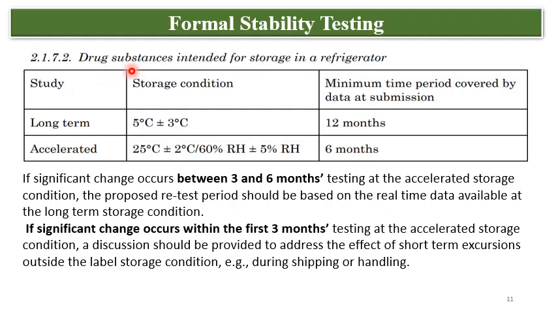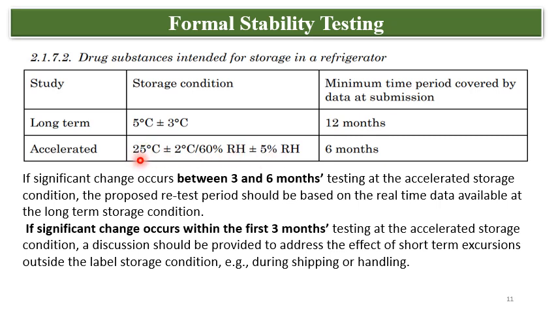Then coming to the drug substances intended for storage in a refrigerator, this condition is referred to as 2 to 8 temperature. So long term will be 2 to 8, that is 5 degrees plus minus 3 degrees Celsius, and time is 12 months. And for these types of drug substances, the long-term condition is the accelerated condition.